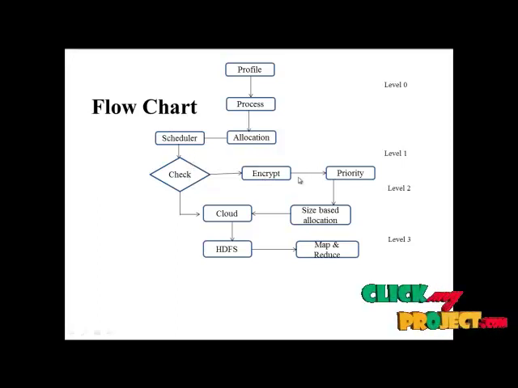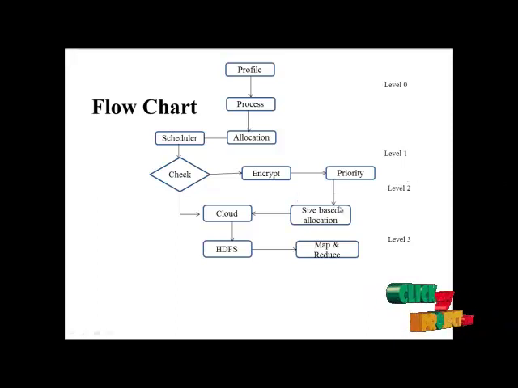After the data encryption, the data is priority based. The data is stored on the cloud server. That means rack format or size based data allocation, that means size based resource allocation. Here the data is based on the scheduling. The scheduler is scheduling the jobs, works or files.